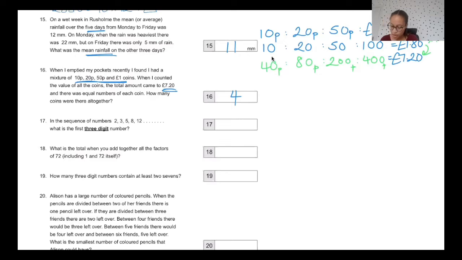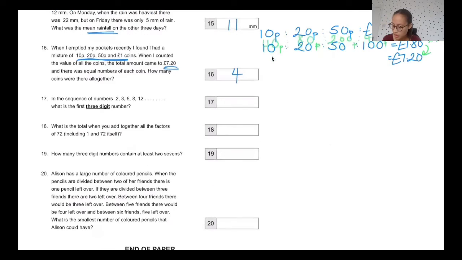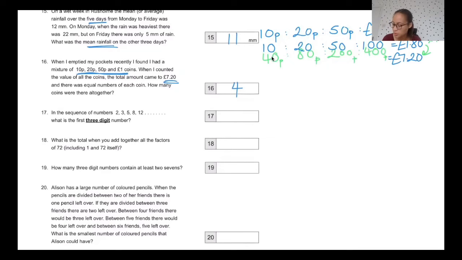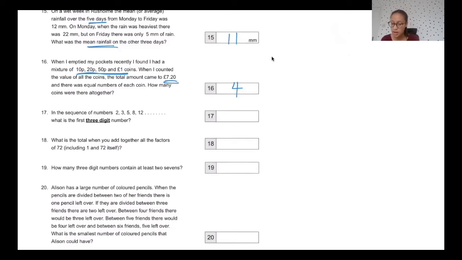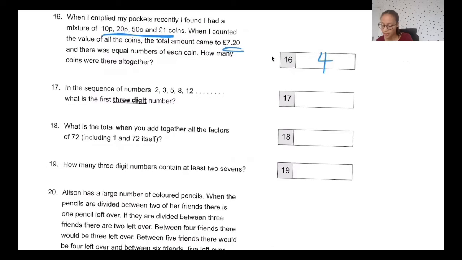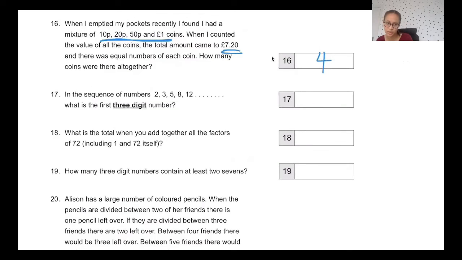Right, I am going to have a better look at the next question, because unfortunately I couldn't find my notes before this class. So I'd written down the best way of doing it, and then I couldn't find them. So I'm going to have a think about the very best way of doing the next question.